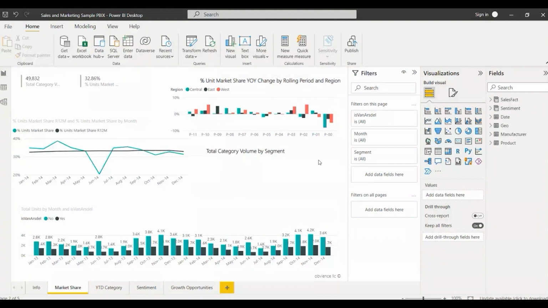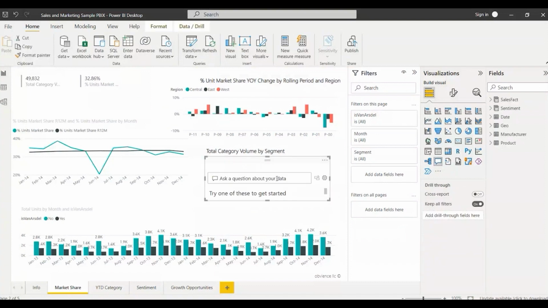A similar concept to Copilot can be used here in Power BI. If you double click anywhere in Power BI, it comes up as Q&A. Q&A works similarly to Copilot. It's like an automation or AI concept where you can write a query or ask a question here.